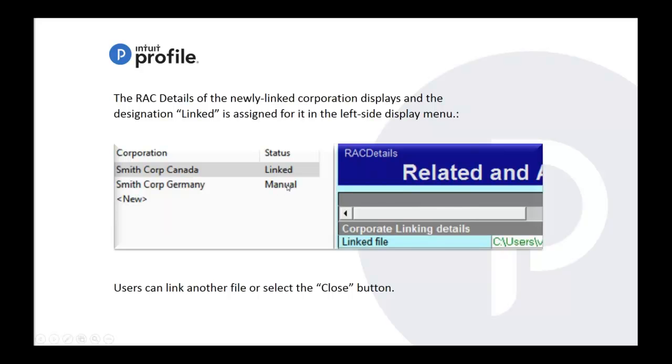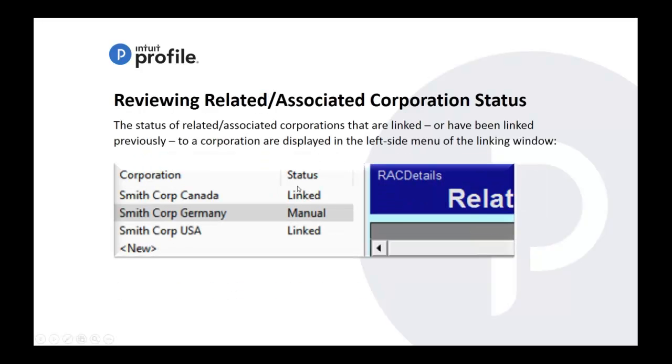It's not going to override the manual RAC details that you created. What you need to do is, if you're going to do the link, then go ahead with the link, and you can simply delete or remove the manual.